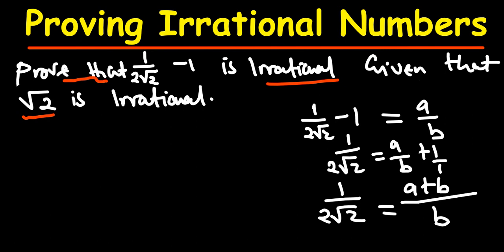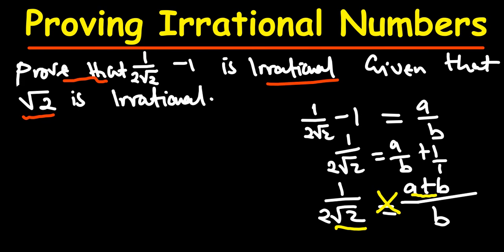And then from here, how can we make root of 2 the subject of the formula, on its own on the left? We're just going to cross multiply. So this here, we are going to cross multiply with this.